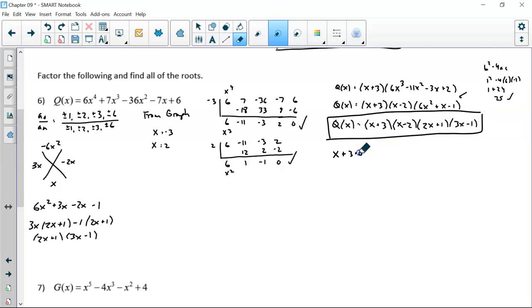X plus 3 equals 0, x minus 2 equals 0, 2x plus 1 equals 0, and 3x minus 1 equals 0. X equals negative 3, x equals 2, x equals negative 1/2, and x equals 1/3. There's our 4 zeros. And if you look at the graph, you'll see those 4 x-intercepts.